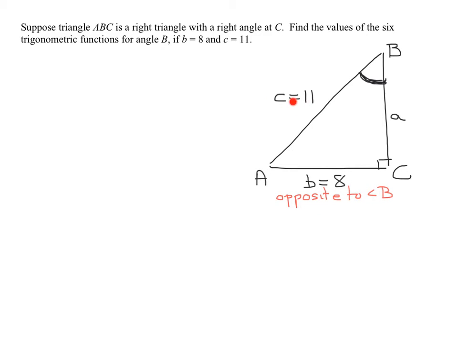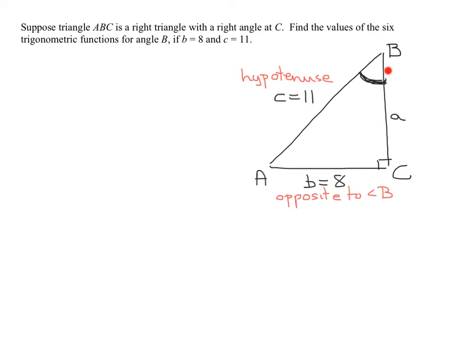This side here, the side opposite the right angle, is always the hypotenuse. And then angle B has 2 adjacent sides, a and c, but c is always called the hypotenuse.